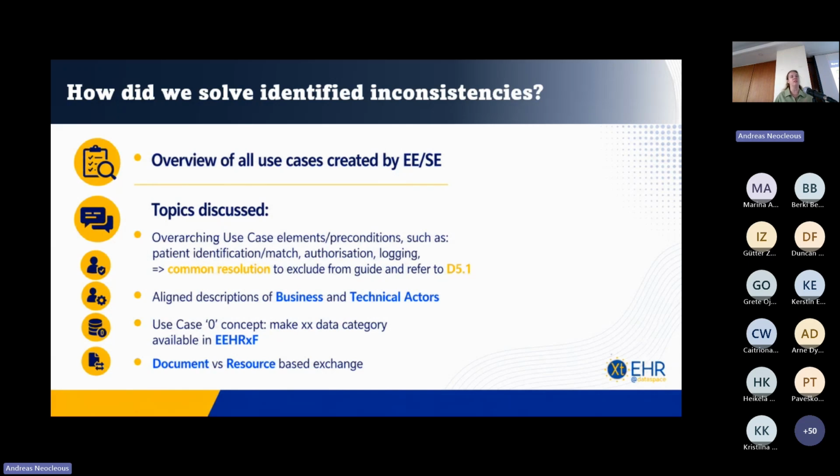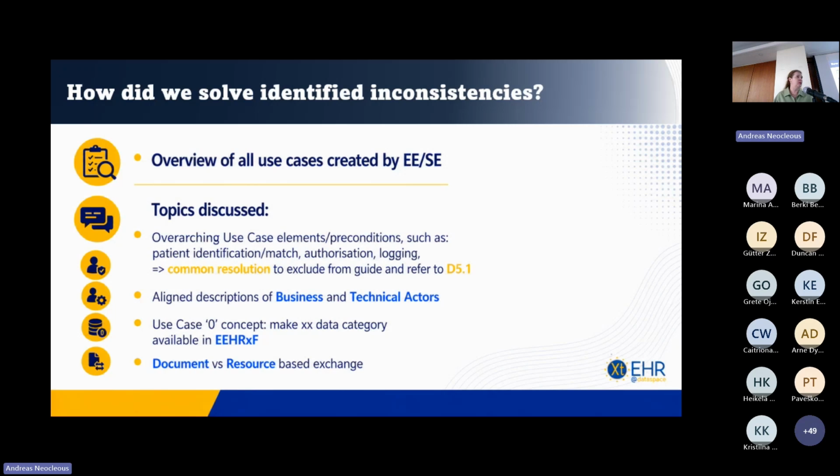And then we started to find the commonalities, like, okay, we see some commonalities here and there. So let's have common descriptions that we can all use and include in our deliverables. So that's something we were working on.